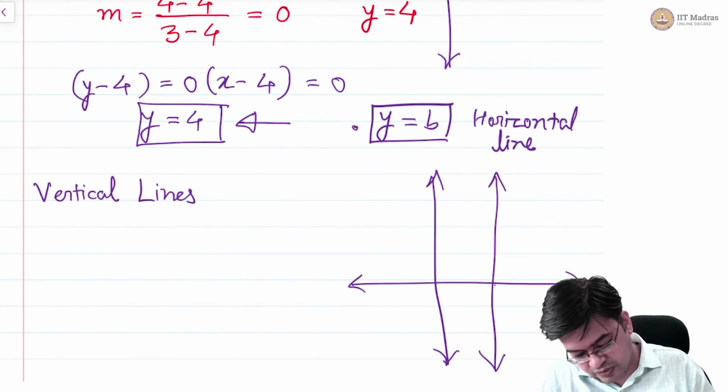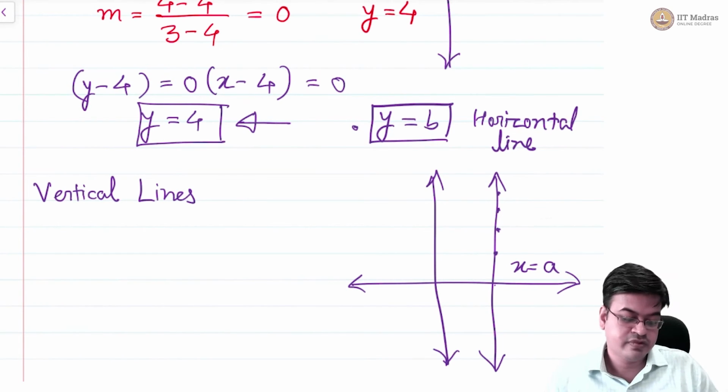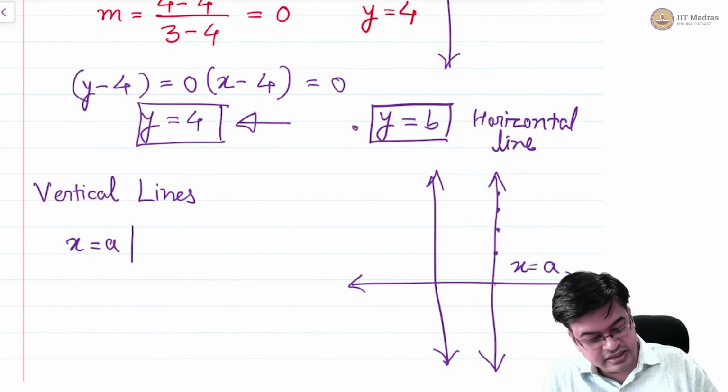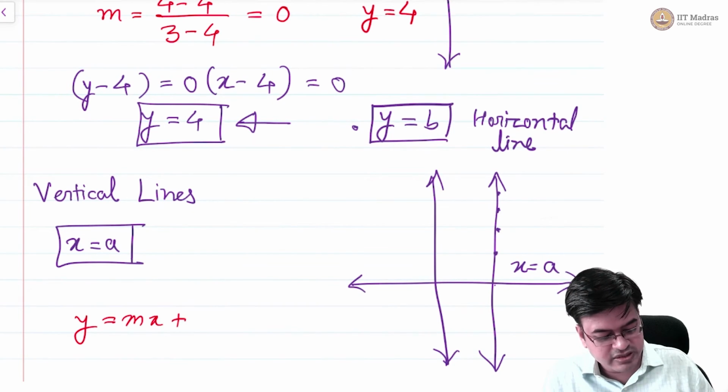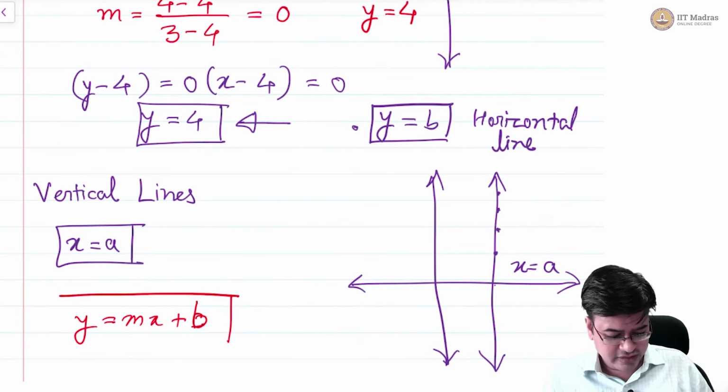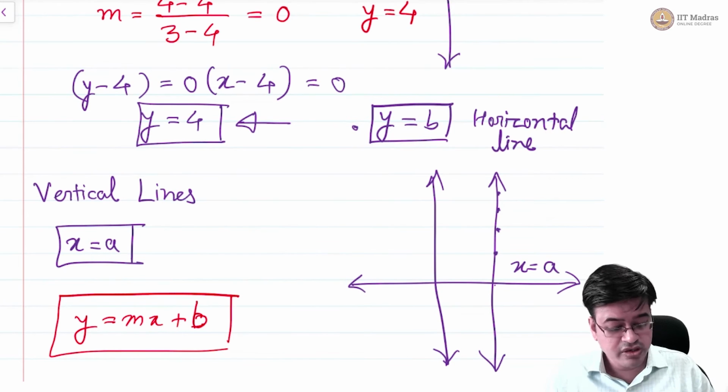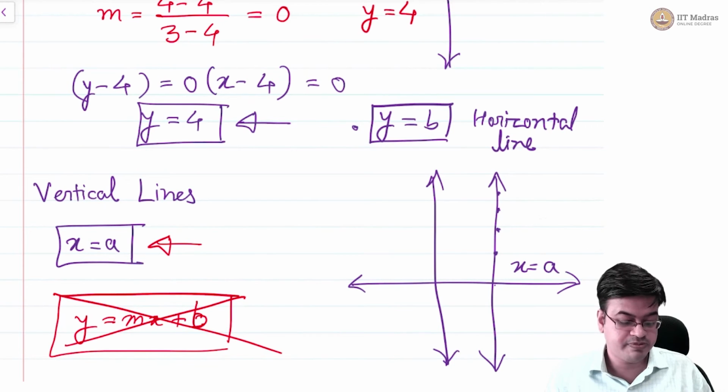This is actually the set of all points where the x coordinate is the same. So the equation of this line will be x is equal to a. It doesn't fit into the standard form of our equation of line, that is y is equal to mx plus b. Therefore these lines cannot be studied using this kind of form. X is equal to a is the equation of this line, and it cannot be written in slope point form or slope intercept form. This you should make clear.